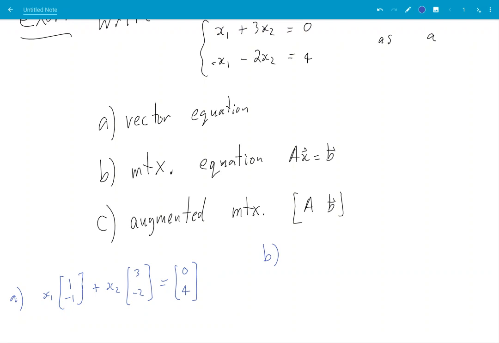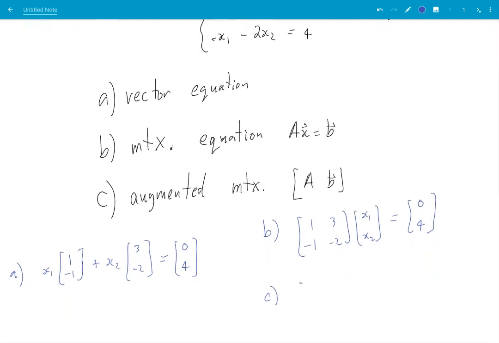The matrix equation is the matrix (1, -1; 3, -2) times the vector (x1, x2) equals (0, 4). And finally C, we have (1, -1; 3, -2) augmented with (0, 4). Et voilà.